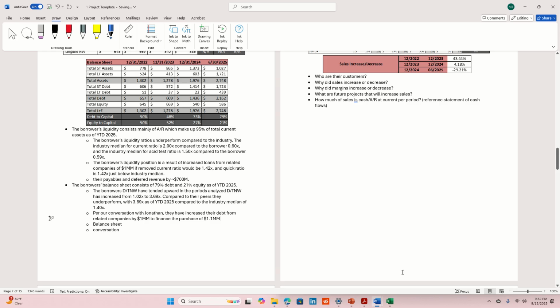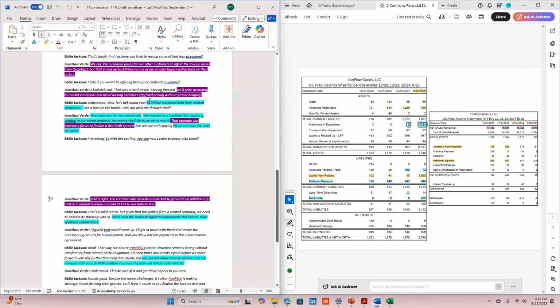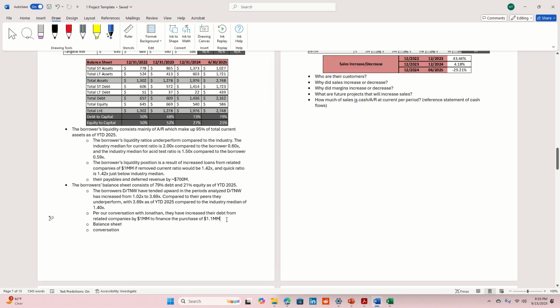And if you're wondering where I got those numbers from, remember the loan from related company is $1 million. The equipment is $1.1 million. And inside the conversation, they said they used the $1 million from related companies to purchase that equipment, right? So we can tell that yes, that is exactly what it does. To finance the purchase of $1.1 million in equipment.